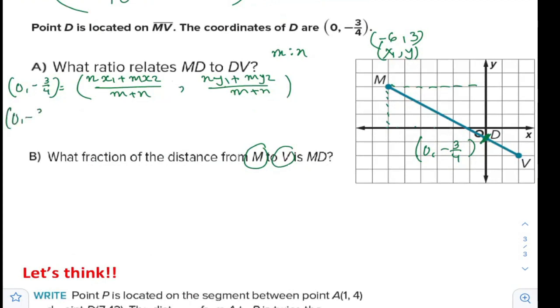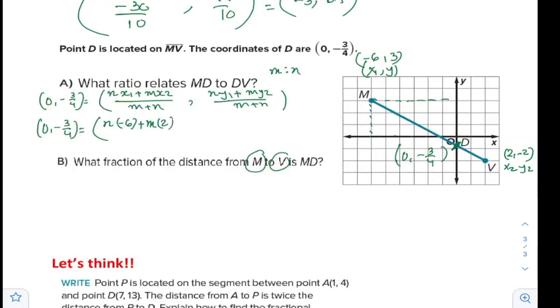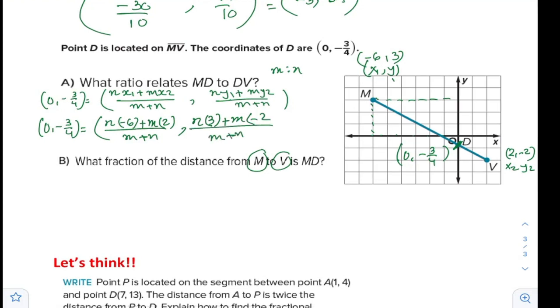So 0 and -3/4 is equal to n x1, which is -6, plus m, which I don't know, x2. It's easy, but we need to be careful, over m plus n. And you will do the same thing with y: y1 is 3 plus m times y2, which is -2, over m plus n.